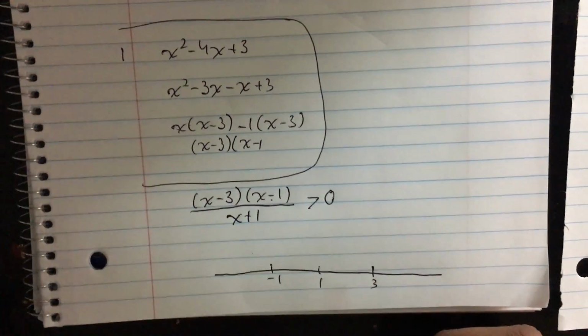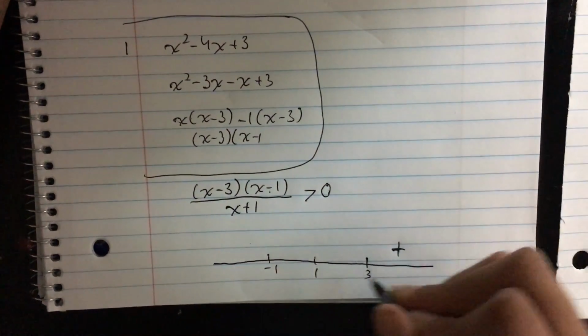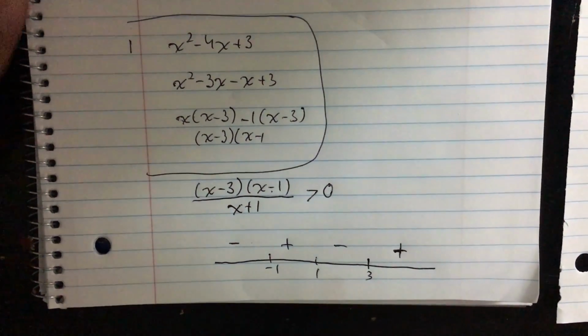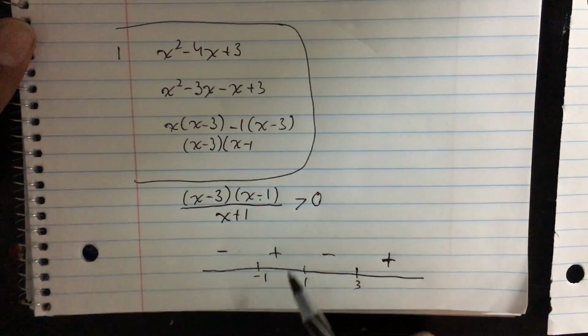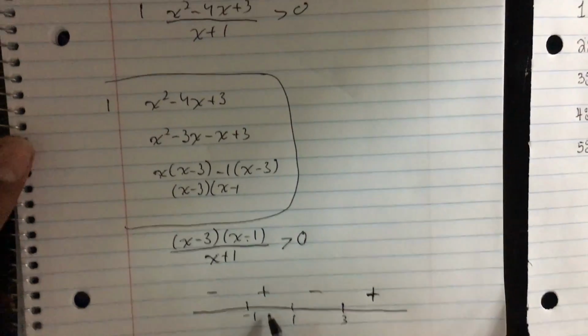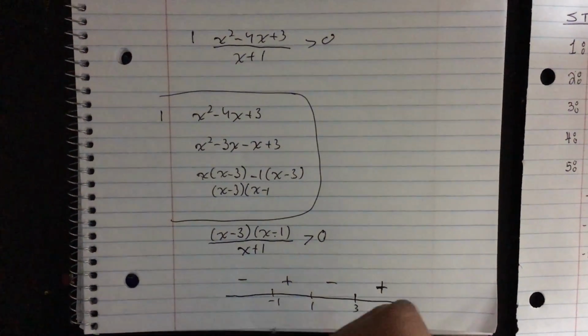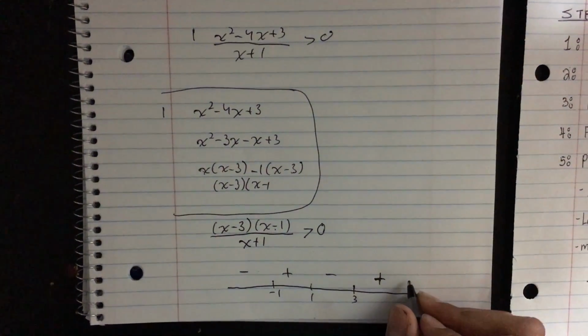As it says, the right is always positive, so I'm just going to go with the pattern. Over here it's saying that it's greater than 0, so it's going to be on the positive side, meaning it's going to accept the values between negative 1 and 1, and 3 to infinity.